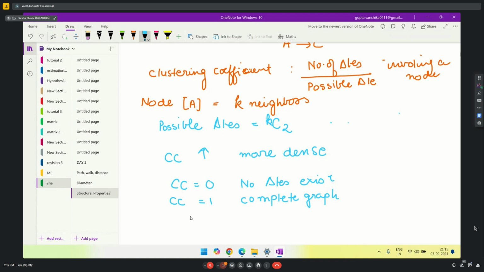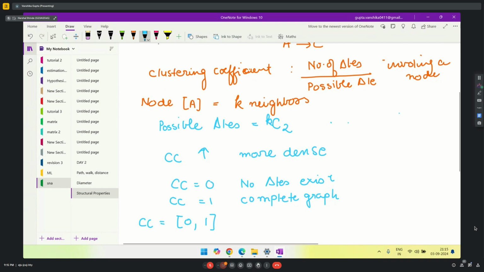So how can you see that numerically? If you get the clustering coefficient as 1 for a particular node, that means the surrounding neighbors and that particular node form a complete graph. Now the value of this clustering coefficient will always be between 0 and 1. It cannot be greater than 1, nor could it be negative.